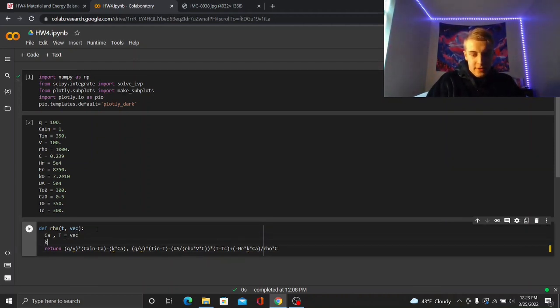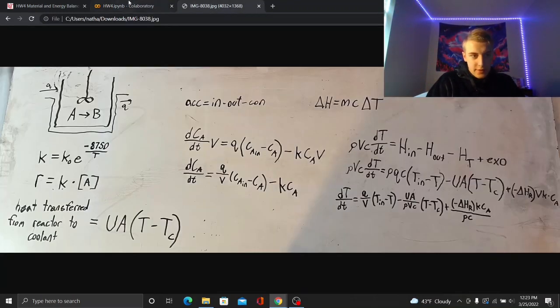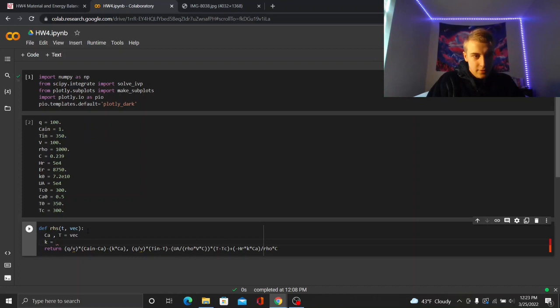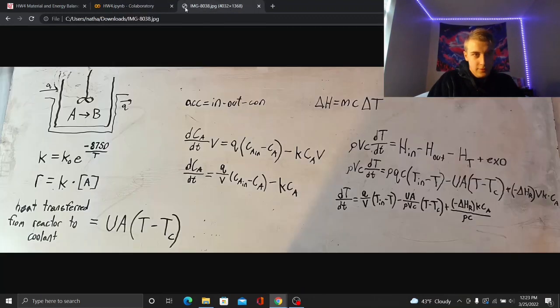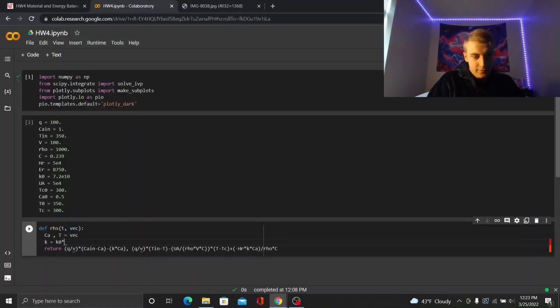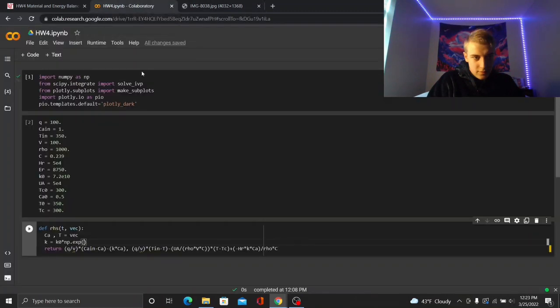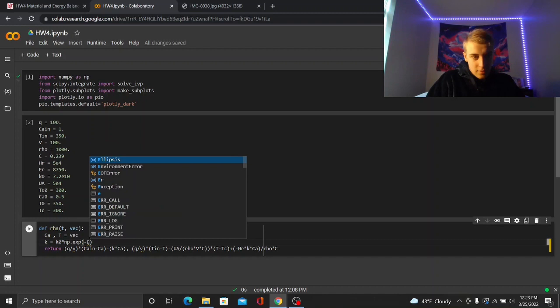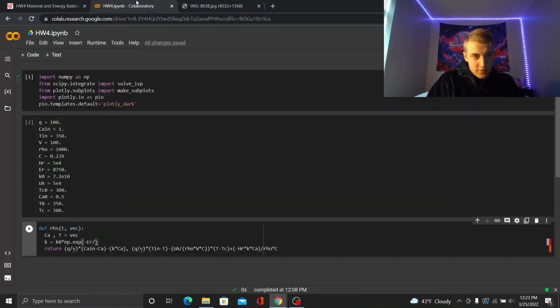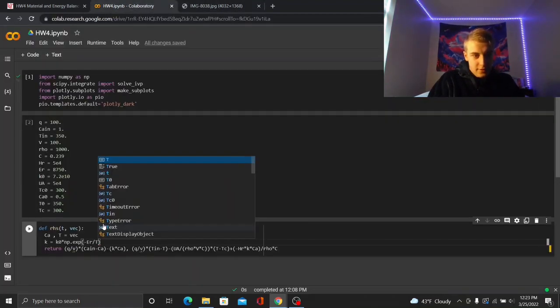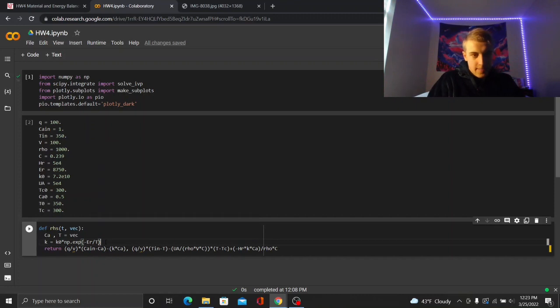And now we will define K as well. K will equal K naught times exponent of negative activation energy over, like so.